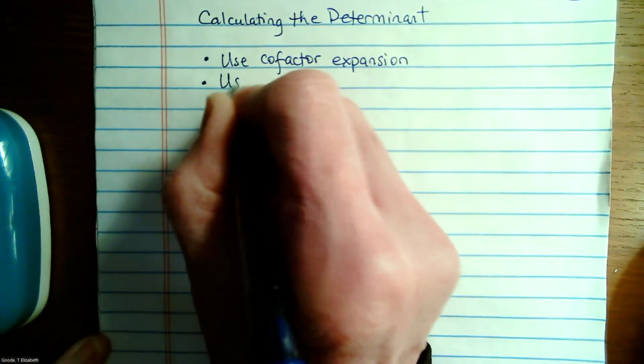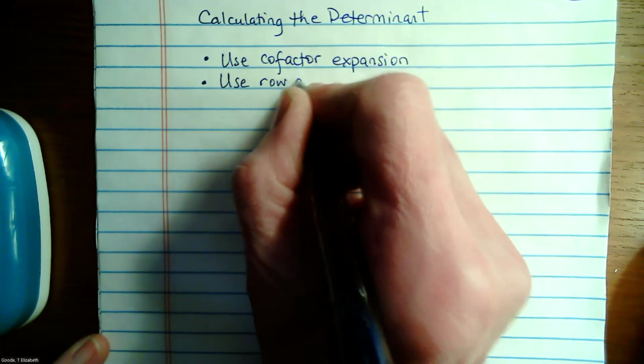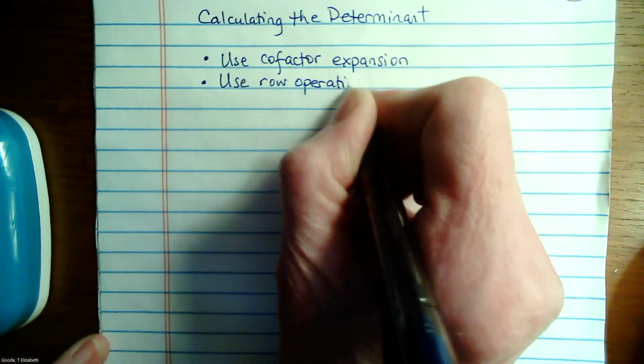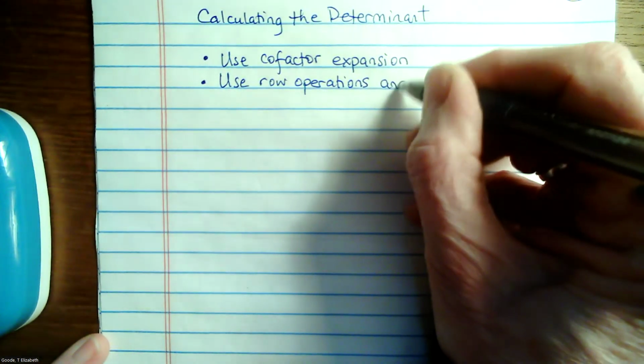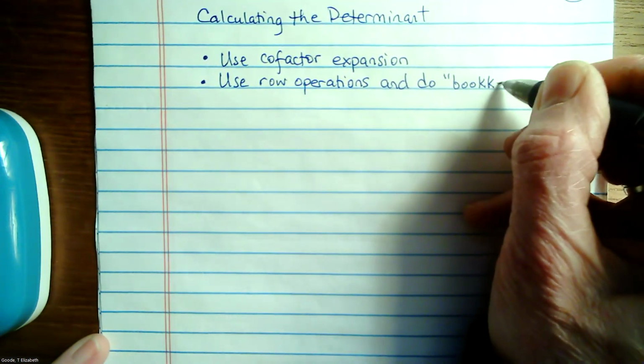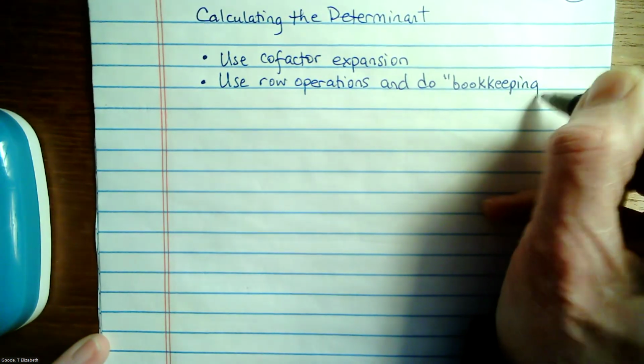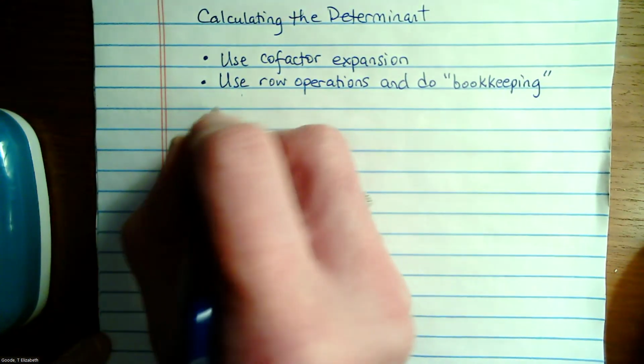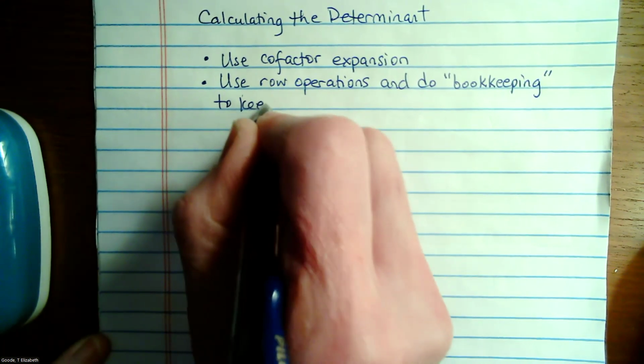We can use row operations and do bookkeeping to make sure that we keep track of how any row operations affect the determinant.